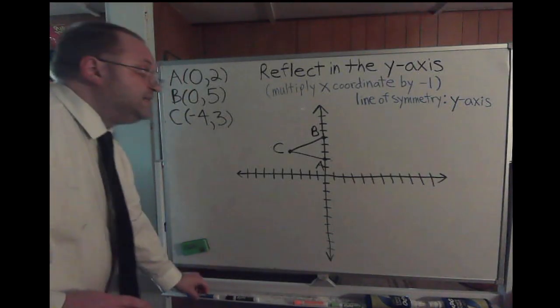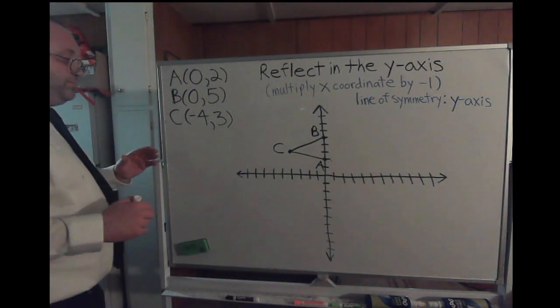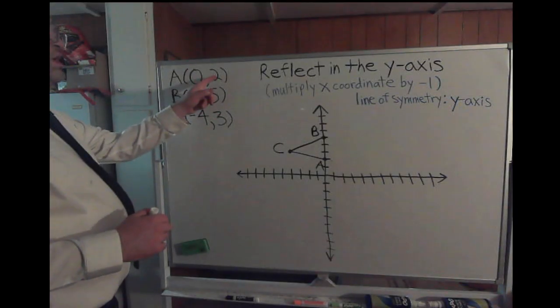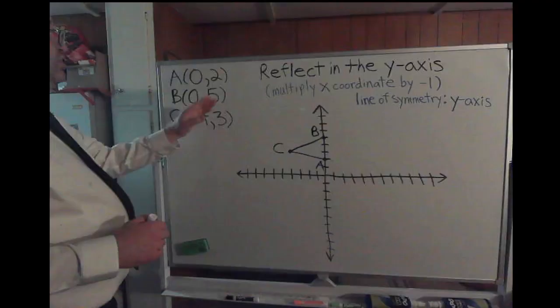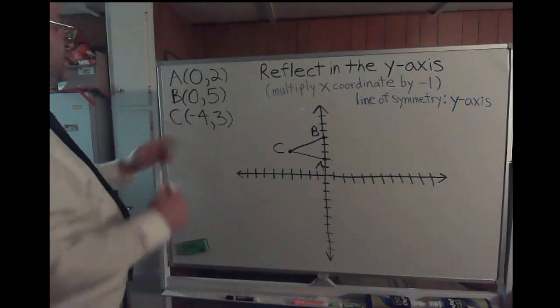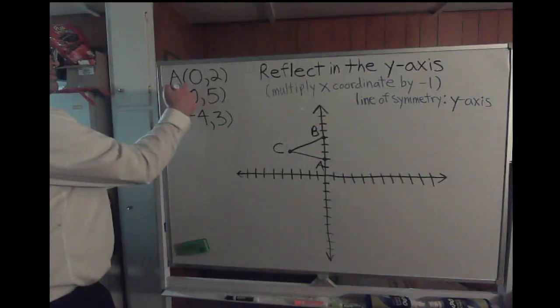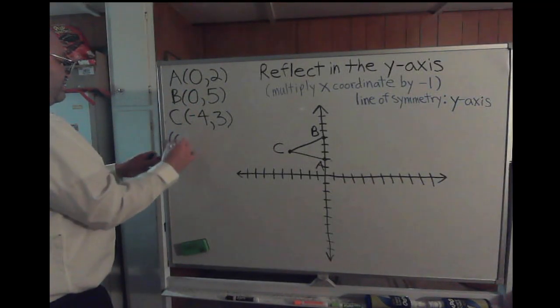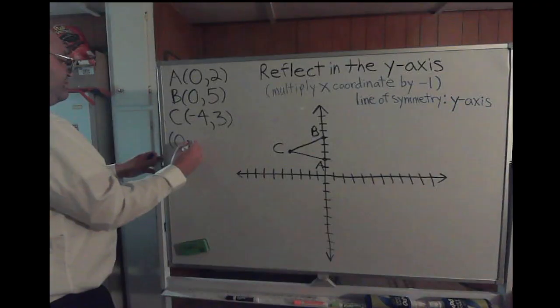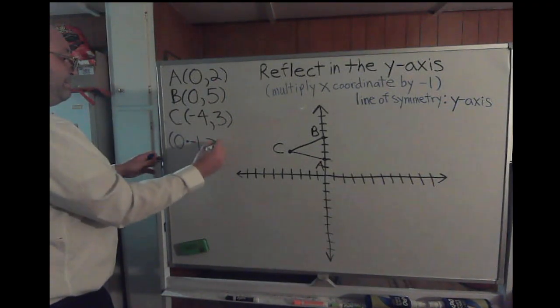Since we are reflecting this across the y-axis, you leave all your y-coordinates alone. You don't multiply those by anything. But you take all your x-coordinates, you multiply your x-coordinates by negative 1. So let's start with point A, 0, 2. You'll take that 0, you'll multiply that by negative 1. You'll leave your y-coordinate of 2 alone.